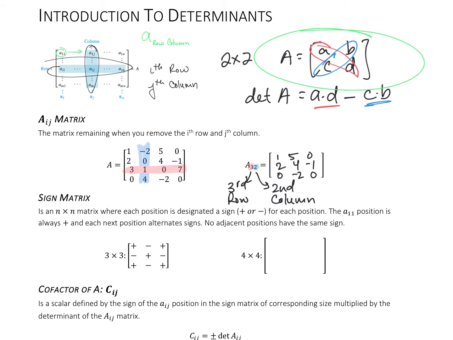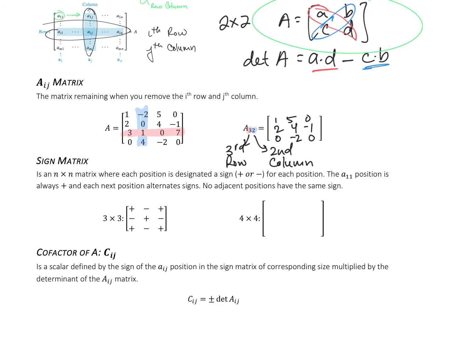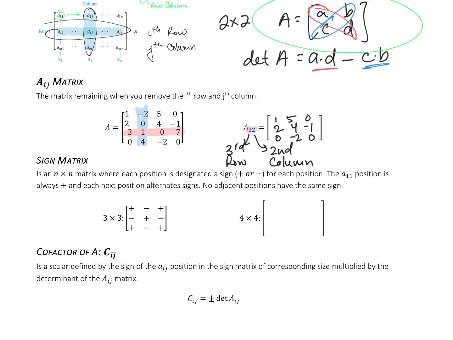The next thing we're going to need to help with this breakdown idea is something called a sign matrix. The sign matrix is not a matrix that contains numbers of any kind. All it does is indicate a sign.